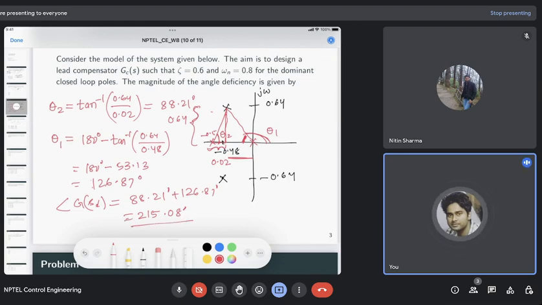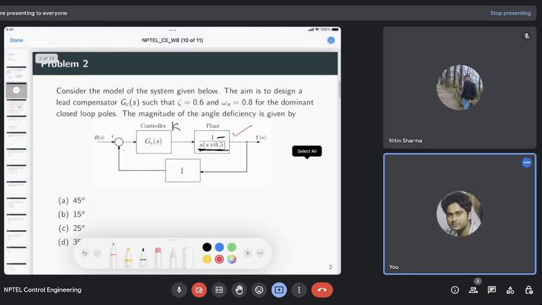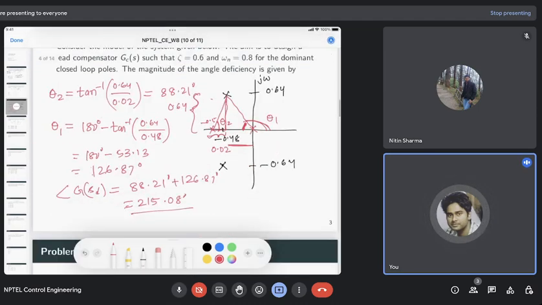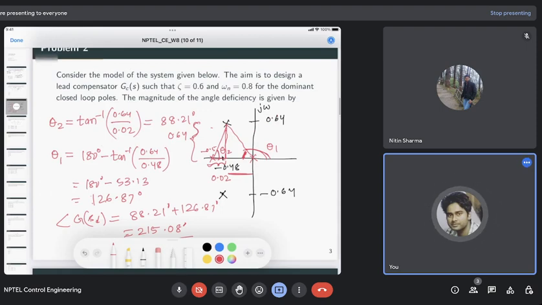And we see that the angle contribution by this controller will be this angle deficiency, that is, the other angle that should be provided by this controller such that the total angle becomes 180 degree. This angle deficiency will always be positive because we want to meet the transient specification, so we require a lead compensator, and this will be a positive contribution.